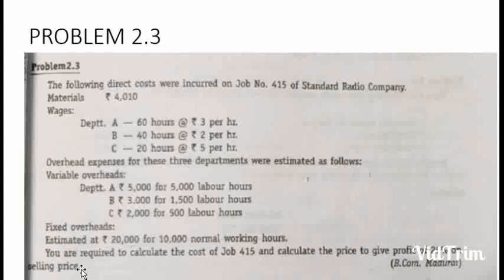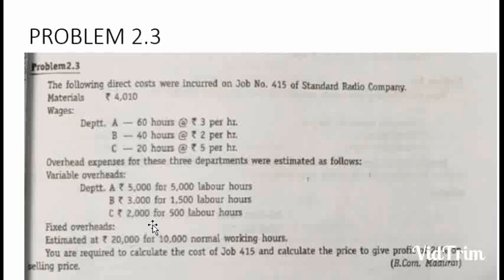You are required to calculate the cost of job 415 and the price to give a profit of 25% on selling price. This is the same as the previous problem, where it was 20%; this is 25%, both on selling price.